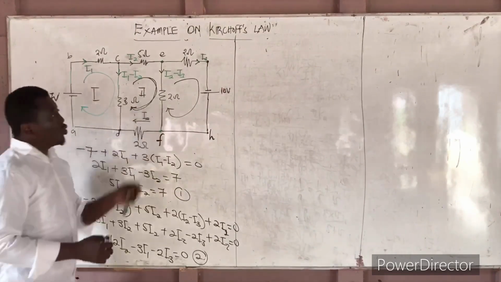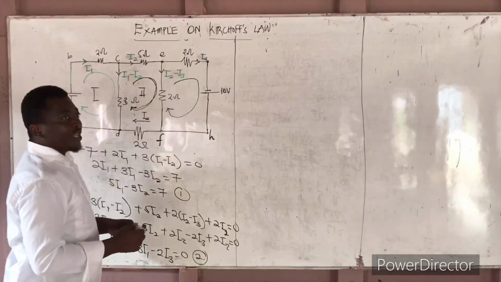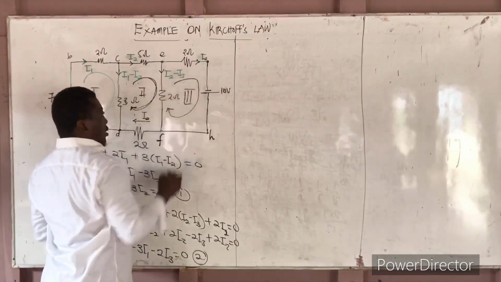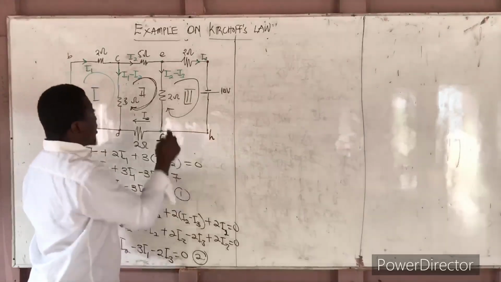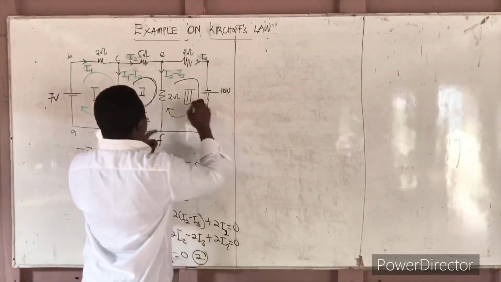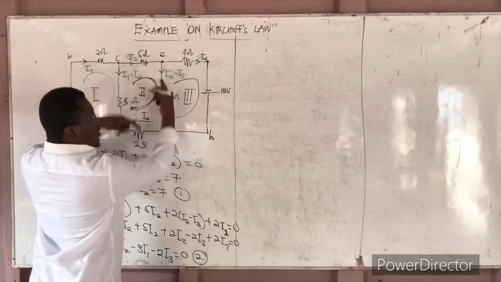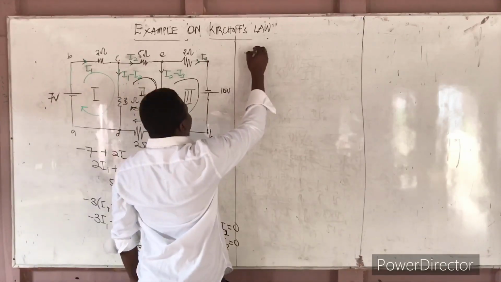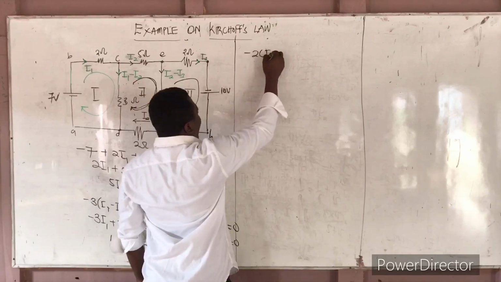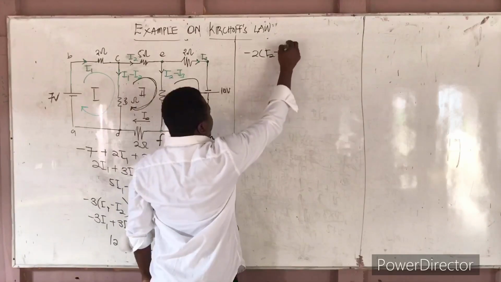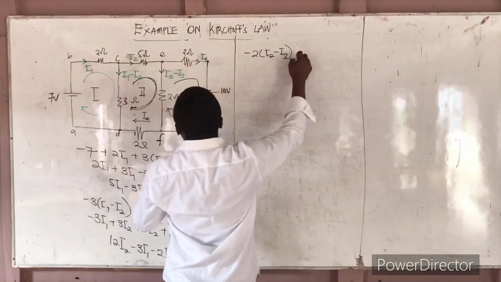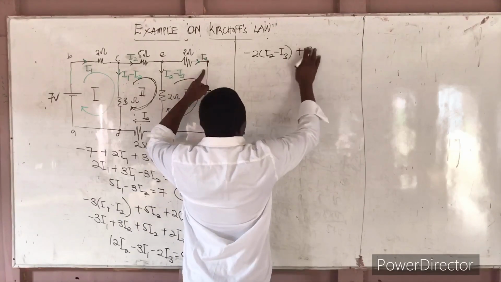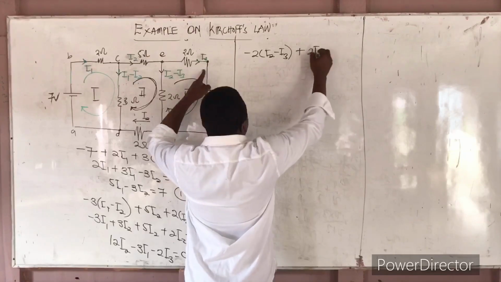Now let's go to loop 3. With loop 3, this is opposing this current, so you are going to get minus 2(I2 minus I3). Then it is in the same direction as this, so you get plus 2I3.